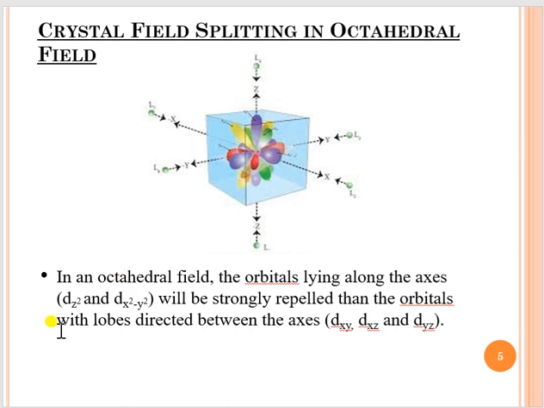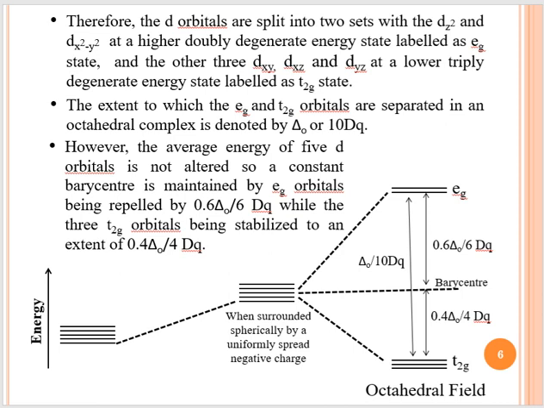So, the dz square and dx square minus y square orbitals, which were lying along the axis, were strongly repelled, while the orbitals dxy, dxz and dyz, whose lobes were directed in between the axis, were facing less repulsion and were not so strongly repelled. Therefore, the d orbitals were split into two sets.